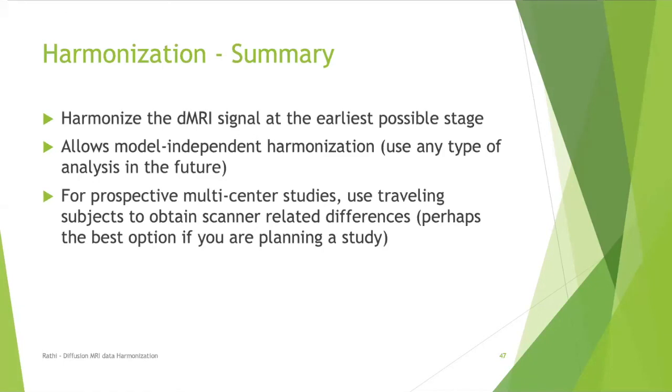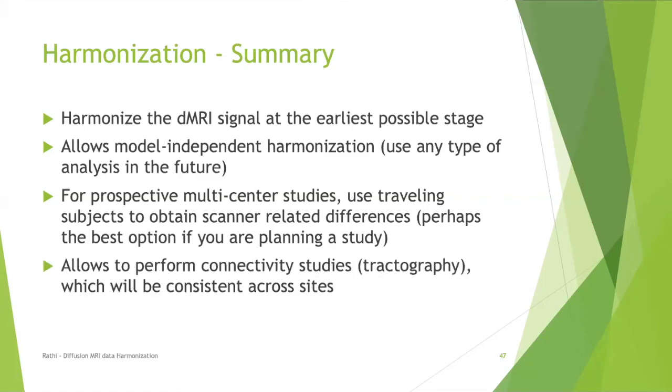And for prospective multi-center studies, use of traveling subjects, this method allows you to use that as well, whereas some of the statistical methods will not be possible to do that. And also tractography can be done in a consistent manner, because after harmonization, the signal is looking very similar, as well as some of the noise characteristics have been muted.